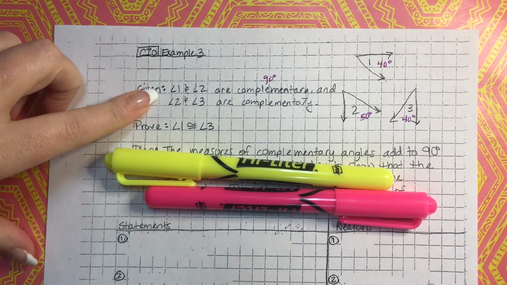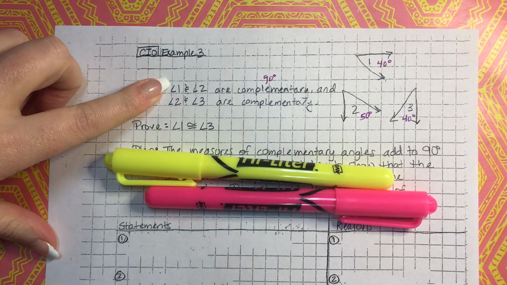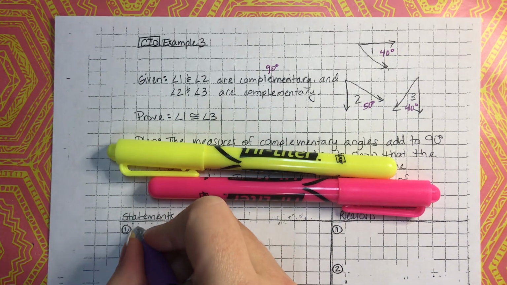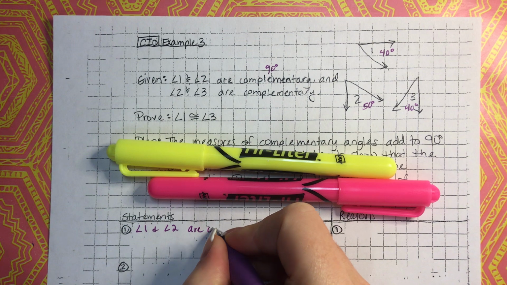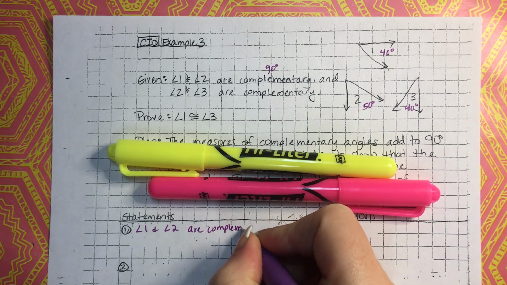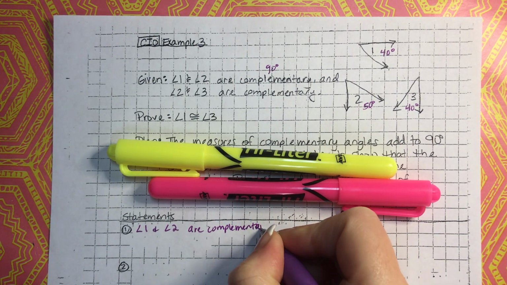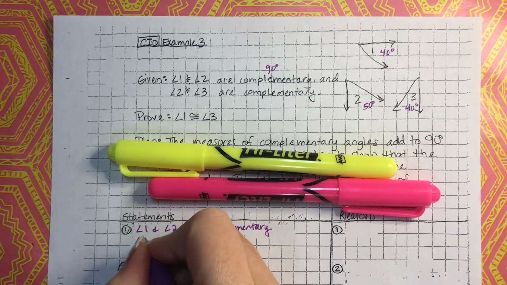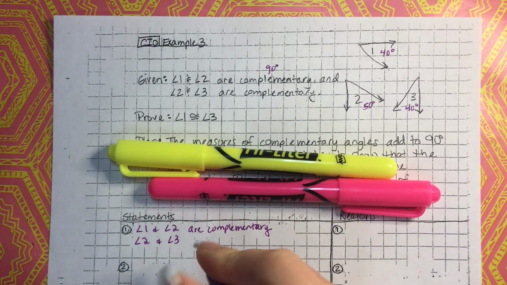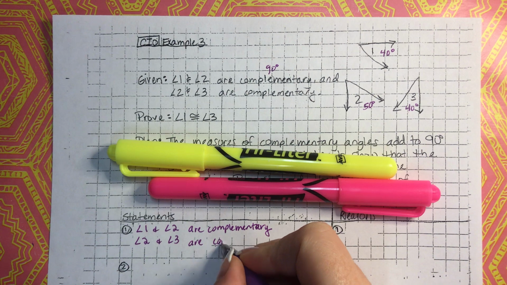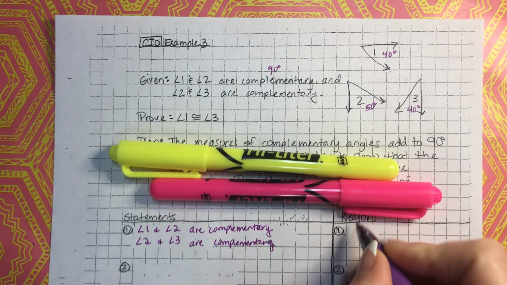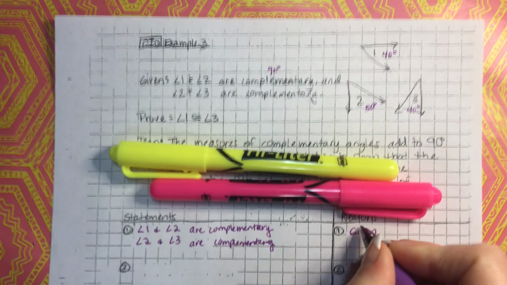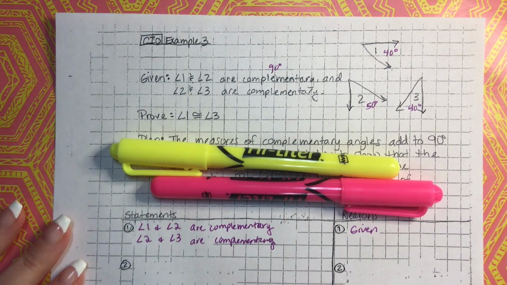The first thing we're going to do is just write down all of this given information. So we have angle 1 and angle 2 are complementary. And angle 2 and angle 3 are complementary. So that's given, right?